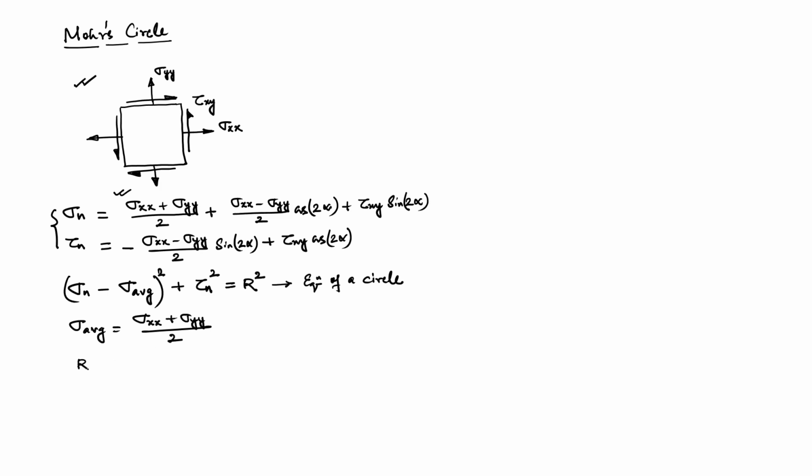And what is r? That is the radius. This is square root of (sigma xx minus sigma yy by 2) whole square plus tau xy whole square.